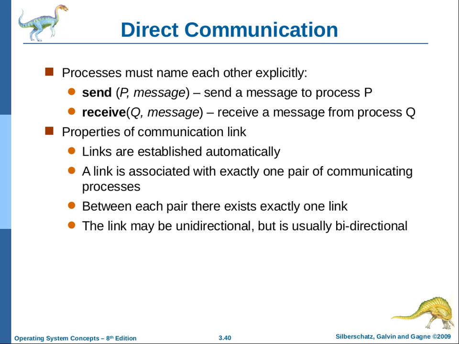All right. Processes must name each other explicitly. Each process needs to know who it's talking to. So you send to P with the message, and then P will say, I received from Q this message.